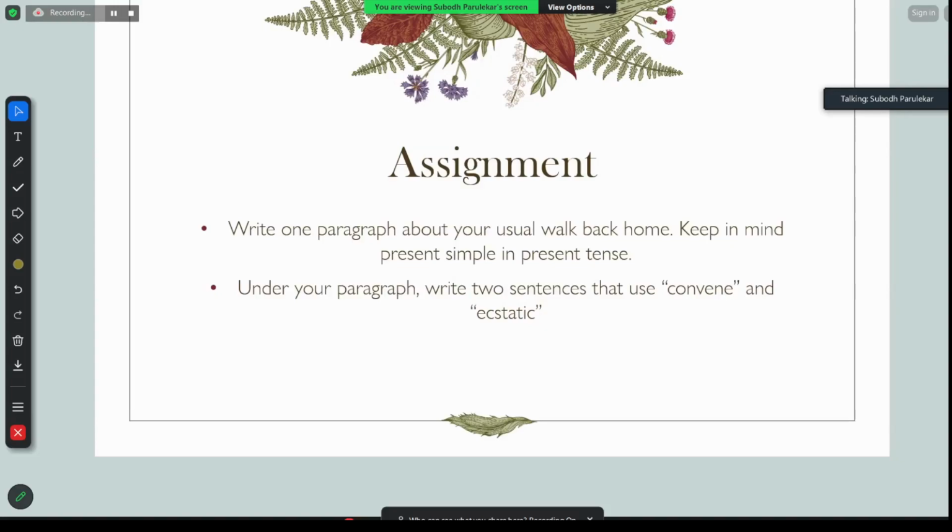My examples were, we convene to learn English. That is what we're doing right now. That is one sentence. And another sentence is, I am ecstatic to teach. So what I want you to do is come up with your own examples using convene and ecstatic. Let me know if you want to look at the meaning again of convene or ecstatic.